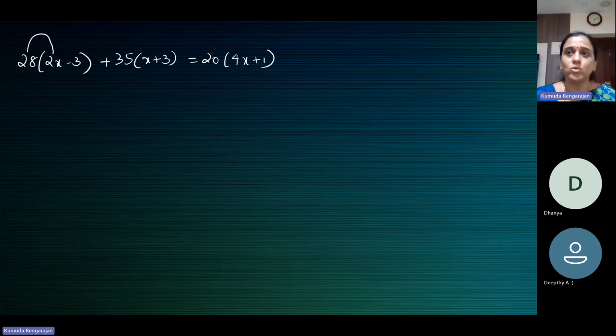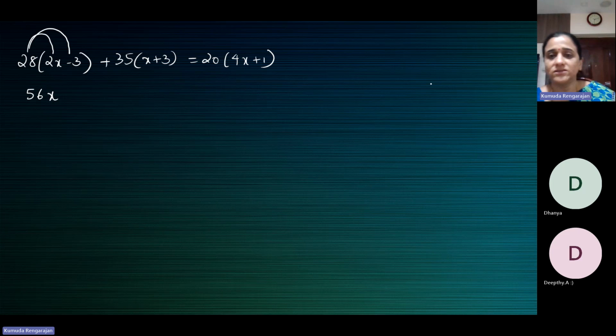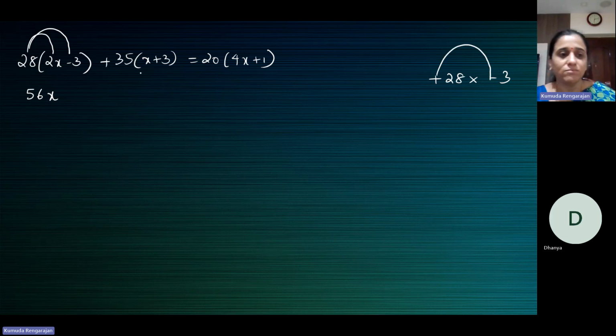So 28 into 2x, 28 into 2, 56x. 28 into minus 3. It's like plus 28 into minus 3. What's the sign before 28? We don't see any sign before 28. That means it's plus. So plus 28 and minus 3. Plus into minus, minus, and 28 into 3. 8 3s are 24, 2 carried over, 84.